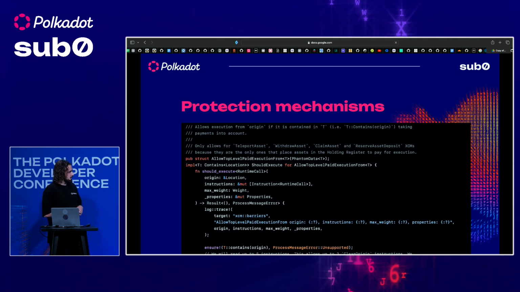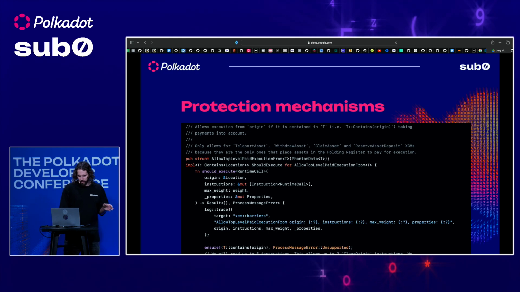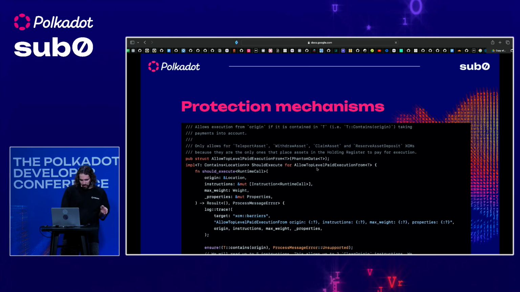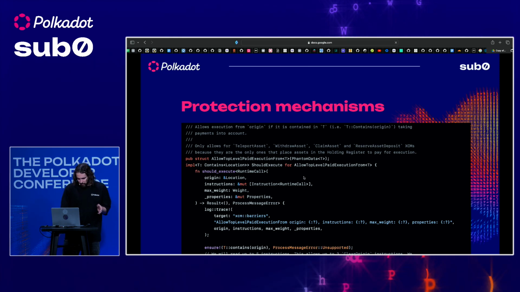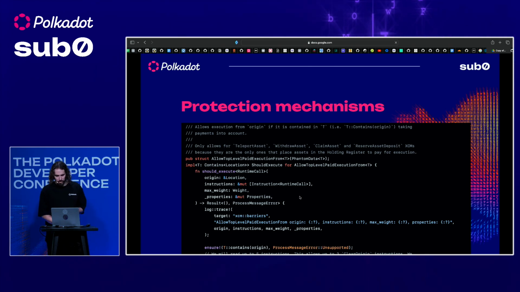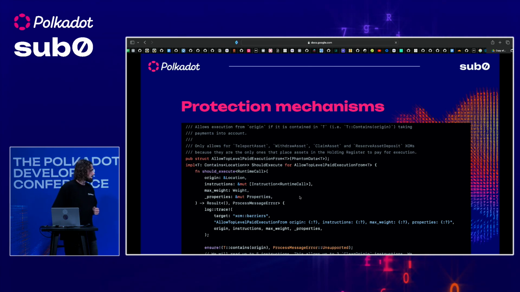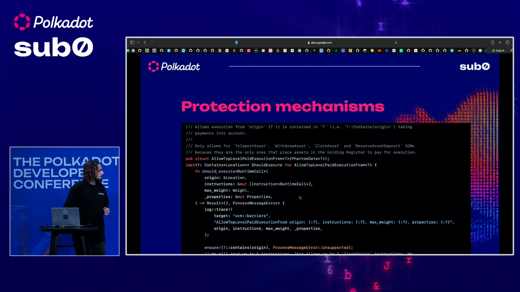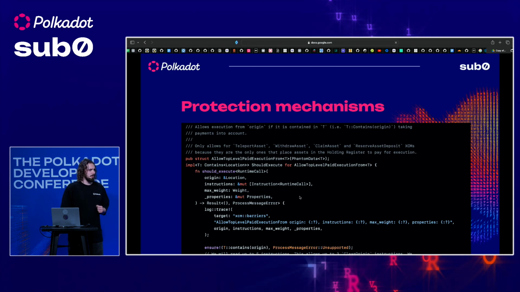This is a simple barrier that checks if you have the right origin and you are paying fees. You don't see all the code here, but this just checks yes or no. If no, the message is not even processed on the chain.